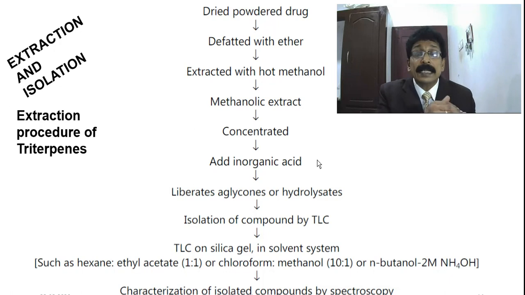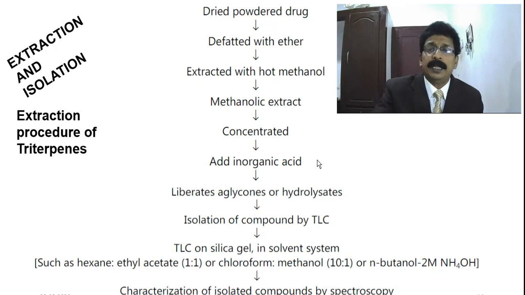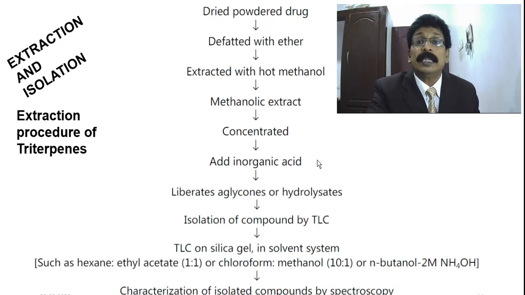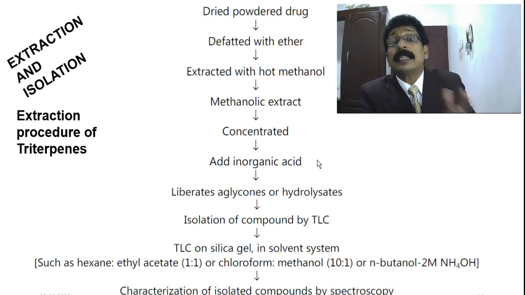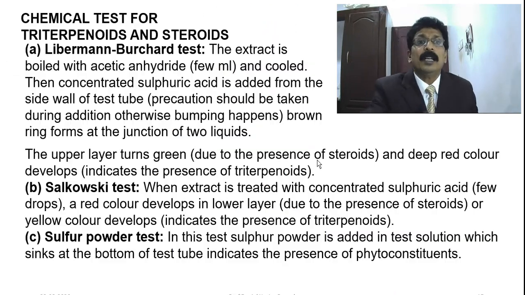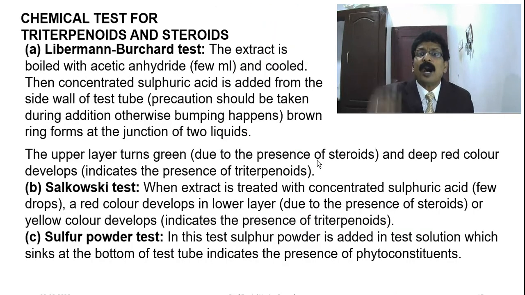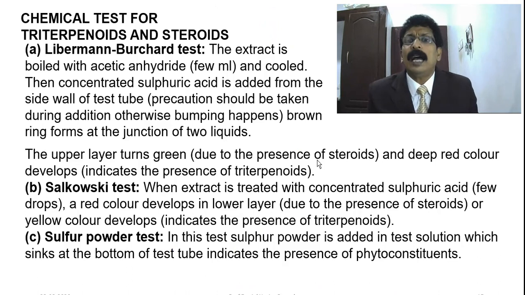So by that, characterization or structural elucidation can be done after extraction. That is why we are giving the heading extraction and isolation. You have to mention very clearly, this is not simply extraction, it is an extraction, isolation and characterization procedure. And now the chemical tests for triterpenoids and steroids.